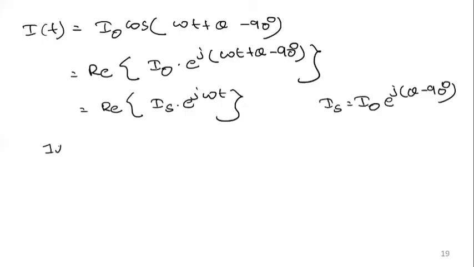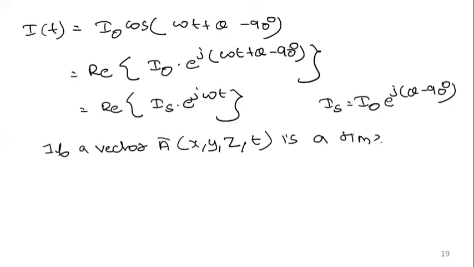So if a vector A of x, y, z and also varying with time t is a time harmonic field, our electromagnetic wave is actually the same expression, right? Now we are considering it along the z axis only.